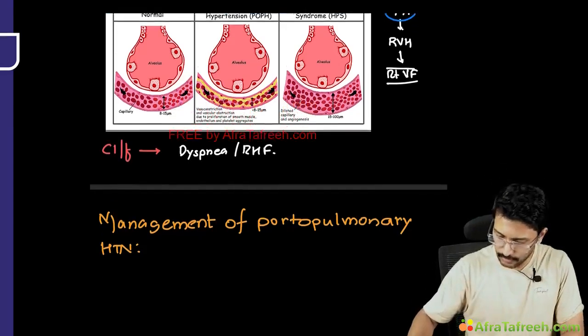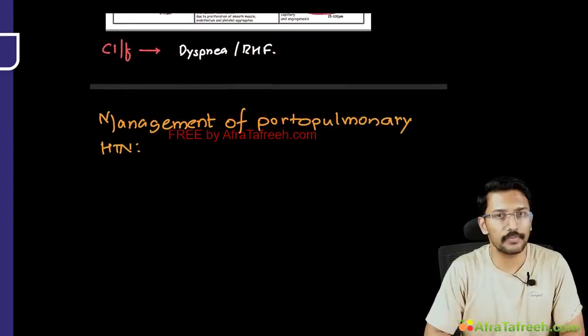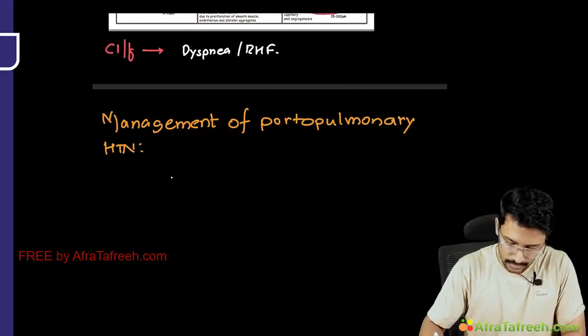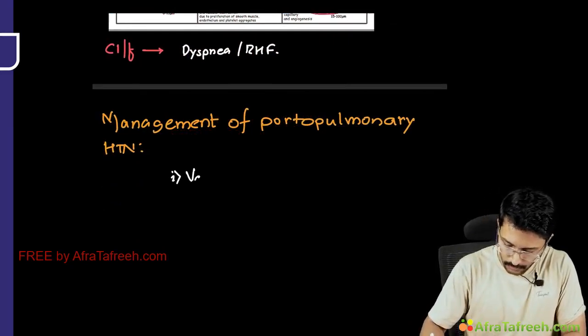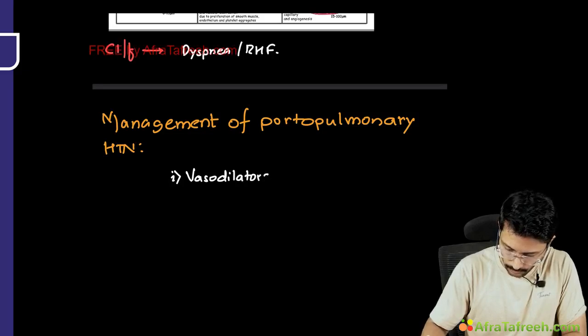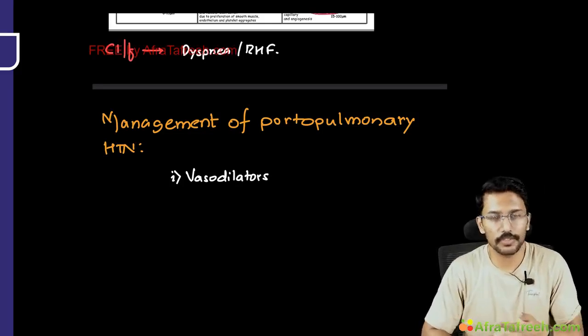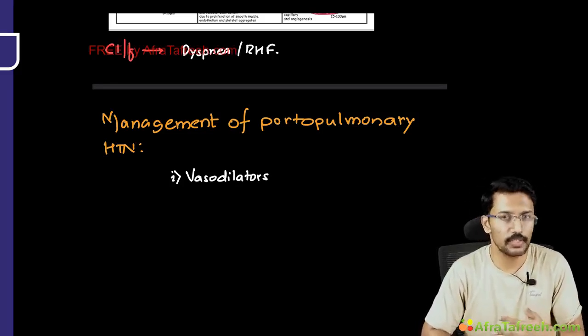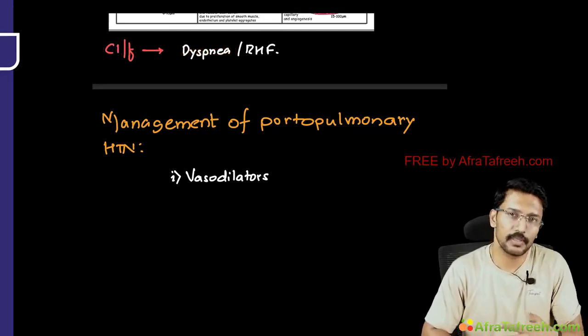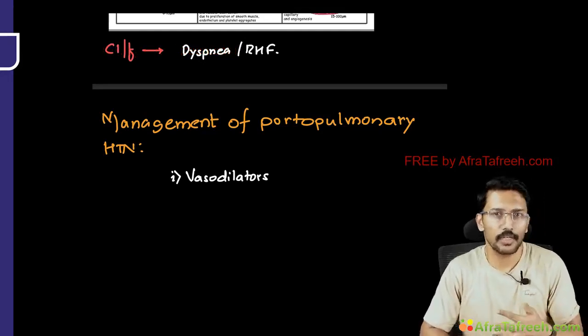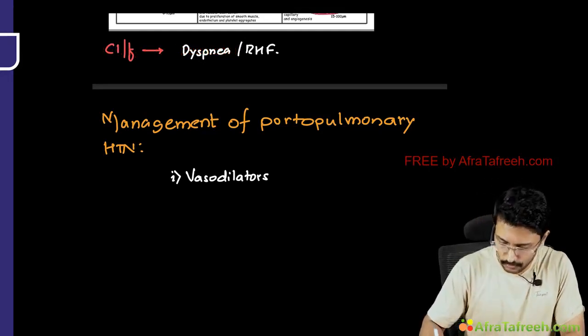Okay. Now when it comes to management, obviously we are having pulmonary hypertension and we can think of treating these patients with vasodilators, right? We can use blockers of endothelin for achieving the vasodilatation, or other vasodilators can be used, like inhaled epoprostenol and all. So there are various vasodilators that we can use.